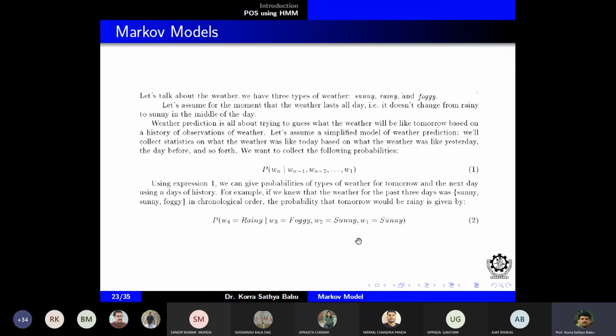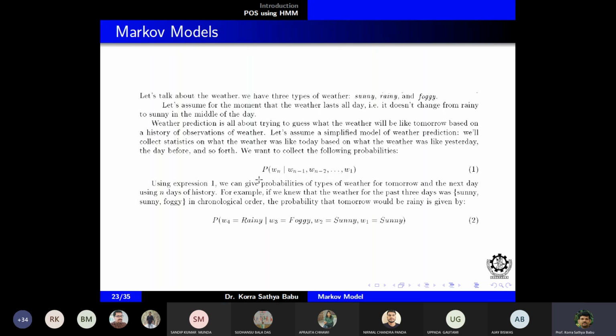Based on the previous history, we want to find the next day's weather. We will collect statistics on what the weather was like today based on what it was like yesterday, the day before, and so forth.